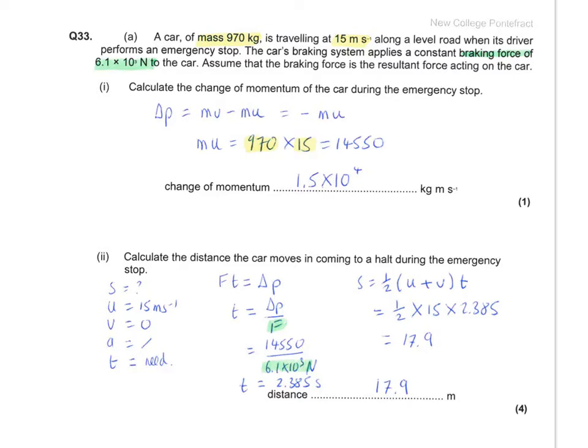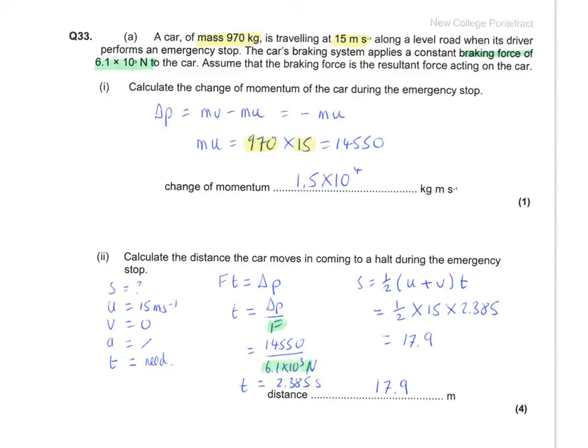So first of all, calculate the change of momentum of the car during the emergency stop. Clearly the final velocity and final momentum will be zero. So the change in momentum will be 0 minus the initial momentum.